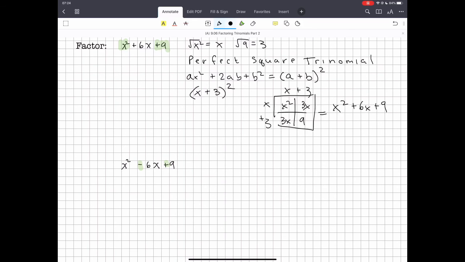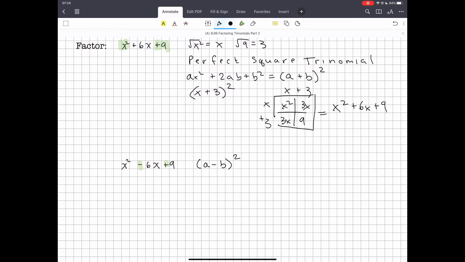This next problem is very similar to the one we just did, except now we are subtracting and adding. And we know from last week that we can get this kind of trinomial, perfect square trinomial, when we have a minus b, the quantity of a minus b squared.